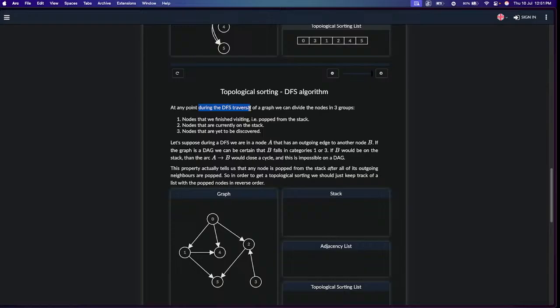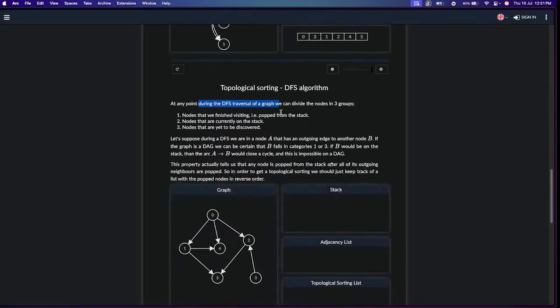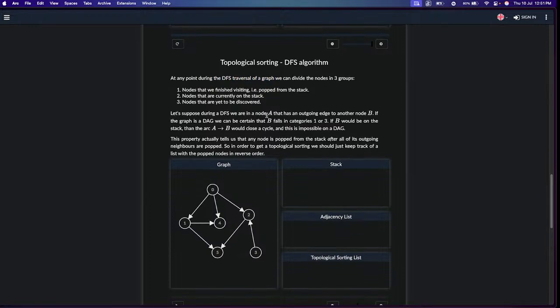At any point during the DFS traversal, we need to divide the nodes into three different groups. Nodes that we finish visiting, that is off from stack. Nodes that are currently on the stack. Nodes that are yet to be discovered, right?